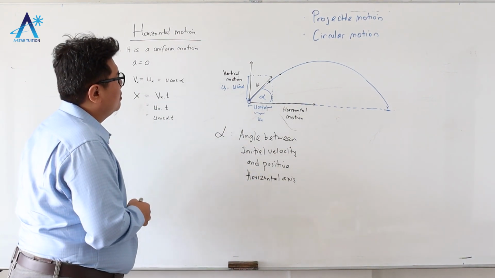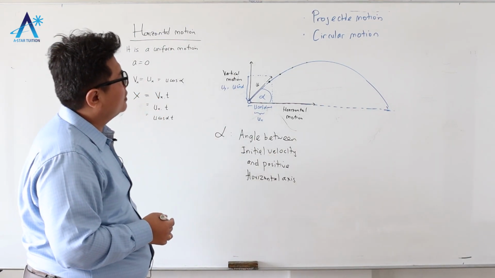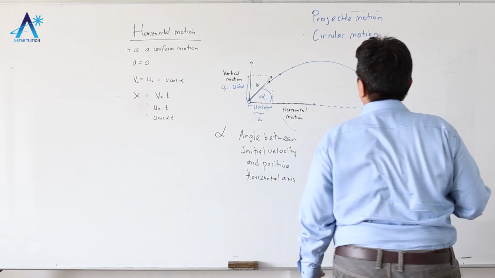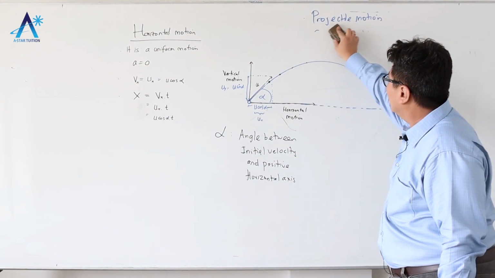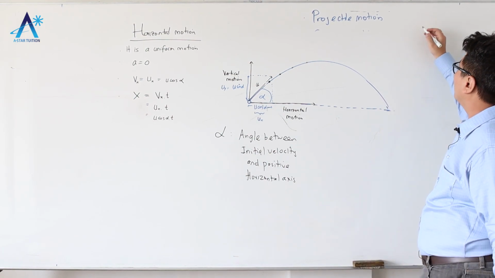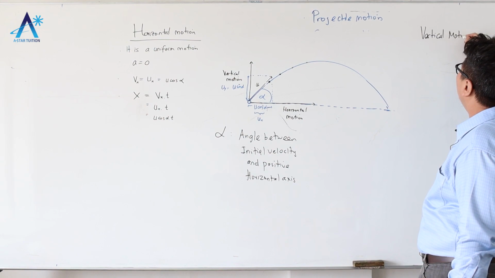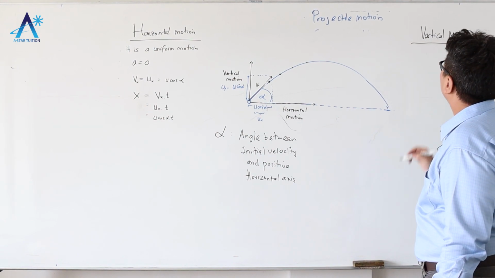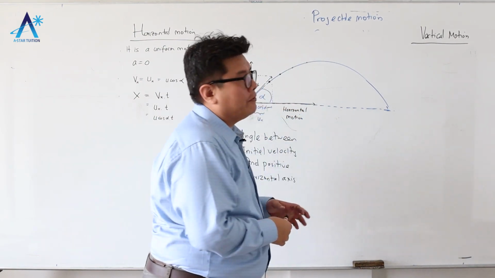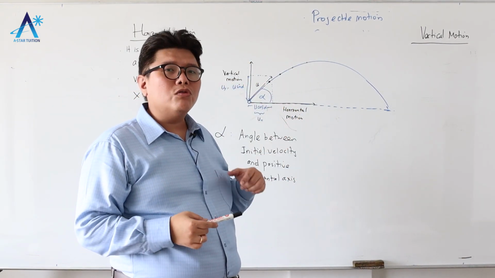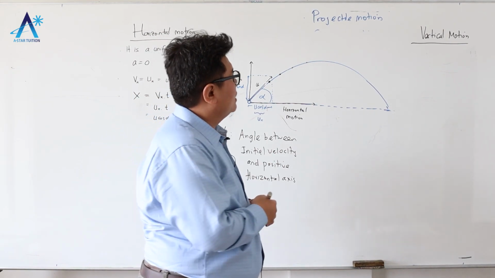Now, this is the horizontal motion. What about the vertical motion? Hold on, let me just erase this a bit. When we talk about vertical motion, remember that in the previous video we discussed that vertical motion is affected by gravity, but it's also uniformly accelerated, meaning that it has a constant acceleration.